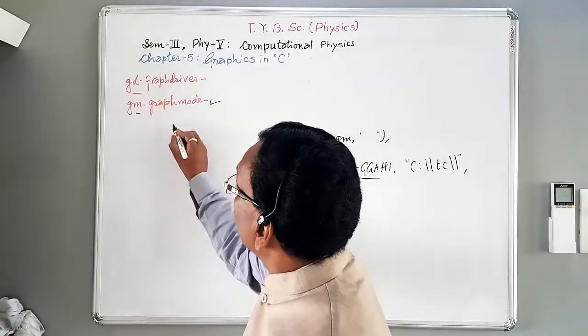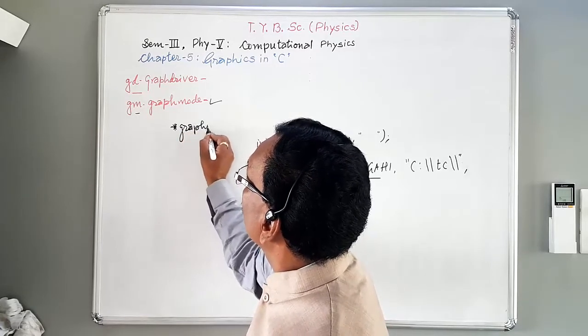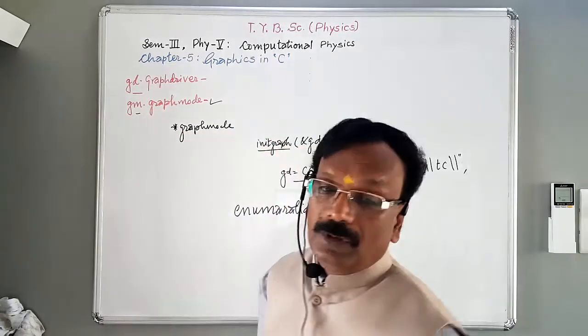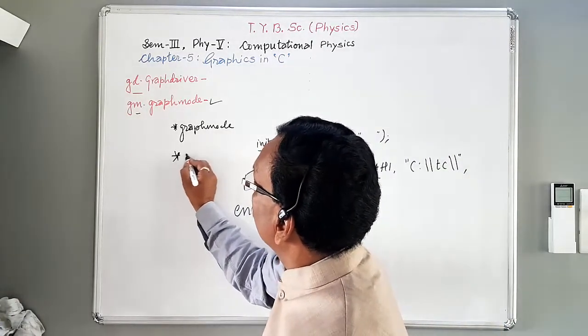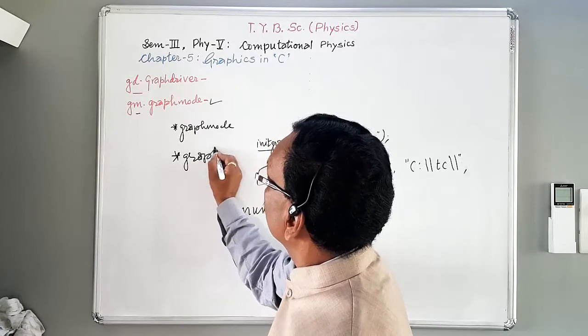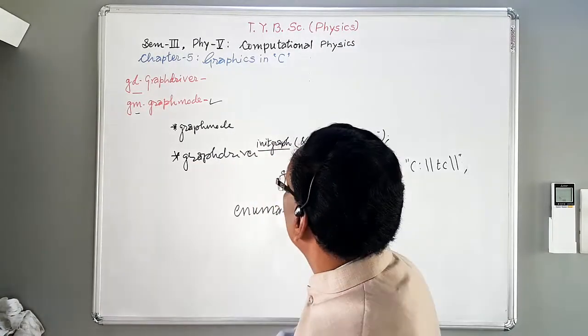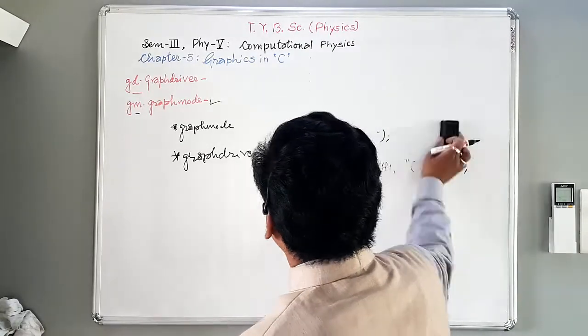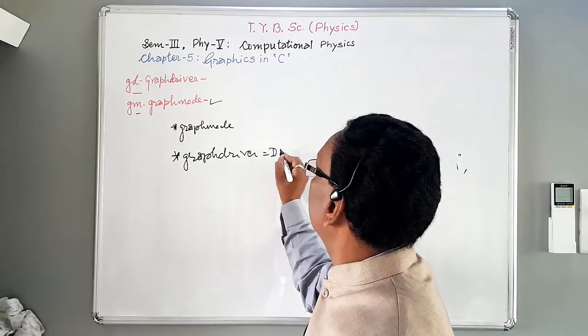If the asterisk graph mode or asterisk graph driver, we simply use here asterisk graphic driver is equal to DETECT.